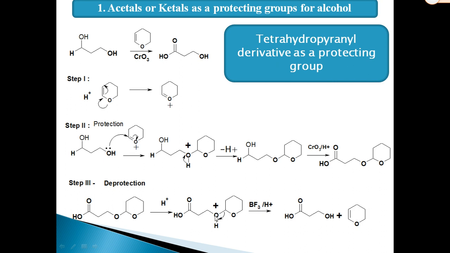This oxygen becomes electron deficient, and the fluoride ion of boron trifluoride plays a role. The bond between oxygen and this ring breaks, the lone pair shifts on the oxygen atom. Here we get our desired target molecule. This is the example of protection and deprotection of alcohol.